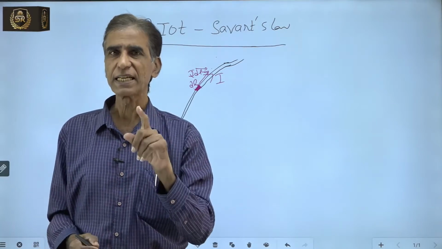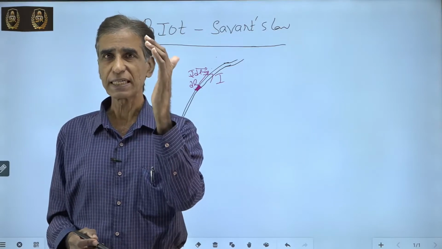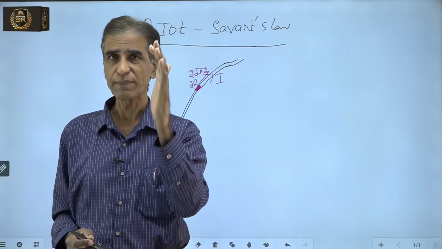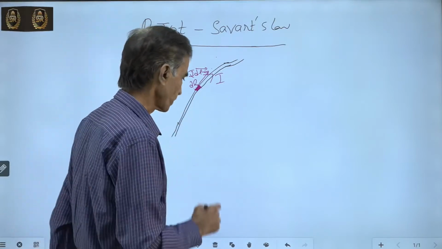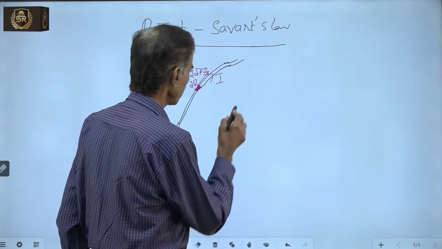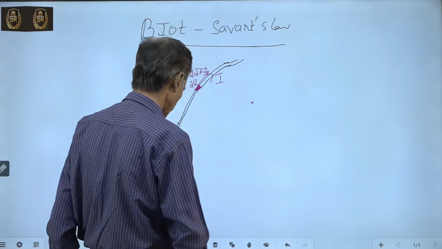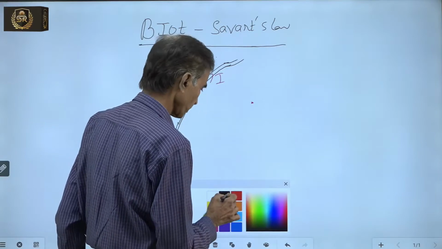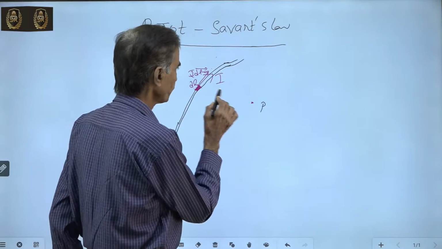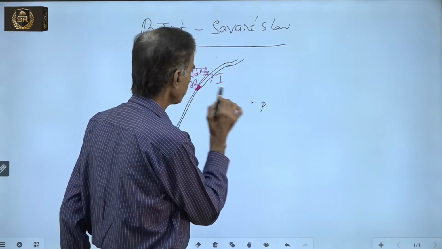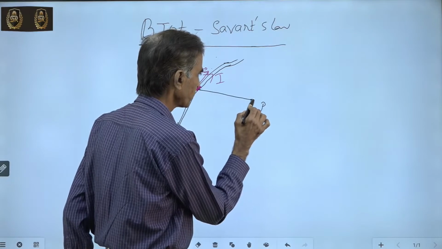Number three is the sine of the angle made by the element with the point. Suppose this is the point P where we want to find the magnetic field. The distance of this point from the element, let us say, is d.